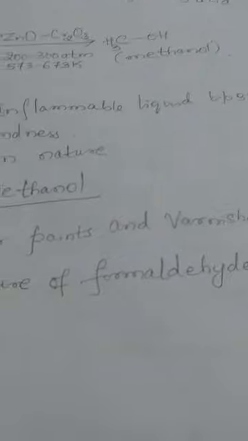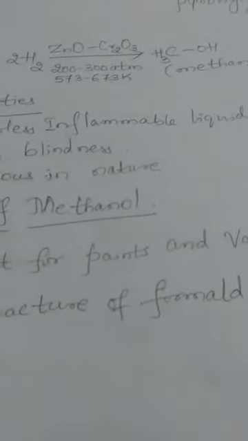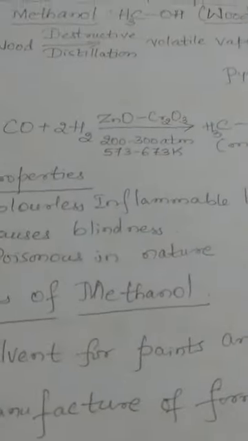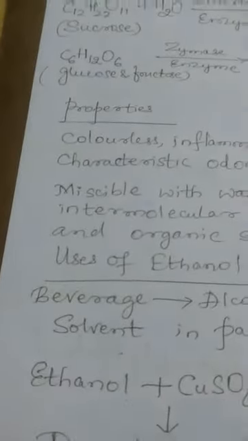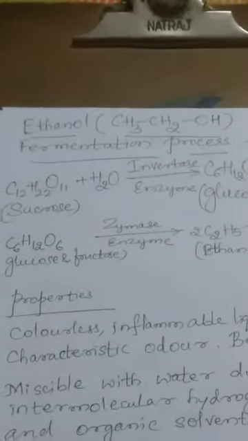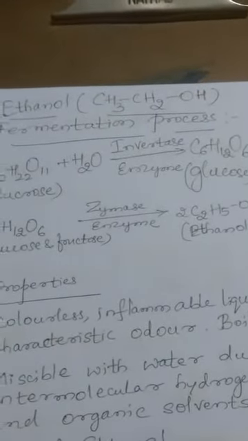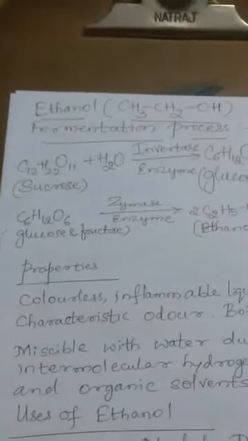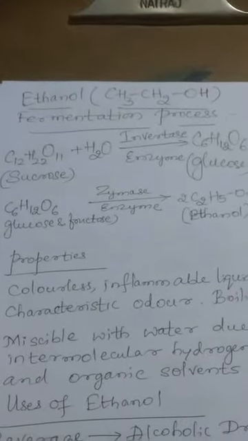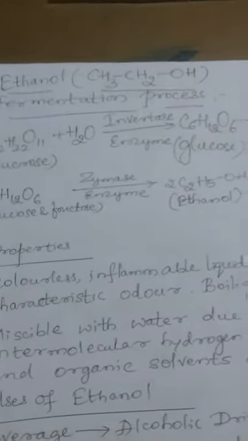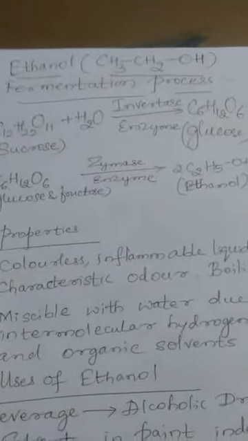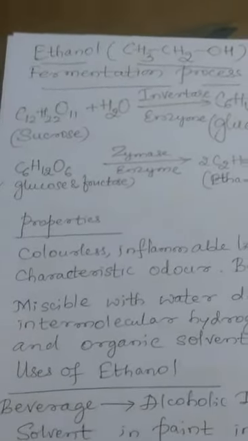Now coming to another commercially important alcohol, it is ethanol or ethyl alcohol, CH3CH2OH. Now coming to the commercial preparation of ethanol, it is carried out either by the fermentation of sugars present in molasses and grapes.